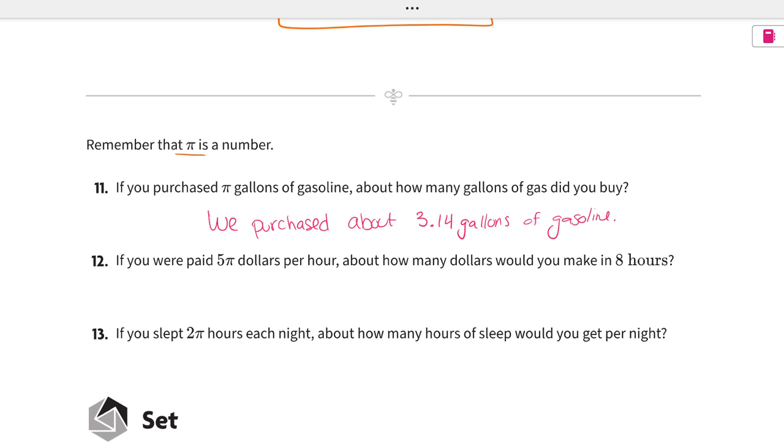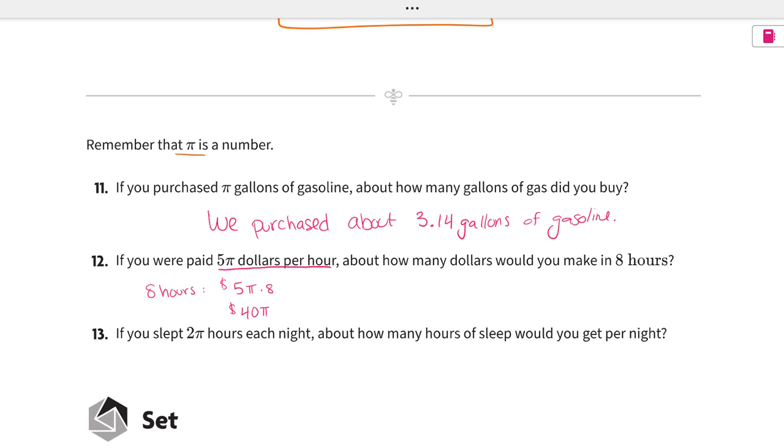So if you were paid 5 pi dollars per hour, about how many dollars would you make in 8 hours? So 5 pi dollars per hour, that means over 8 hours, we should make 5 pi times 8. So 40 pi, right? So let's actually take our calculators out and calculate what 40 pi is.